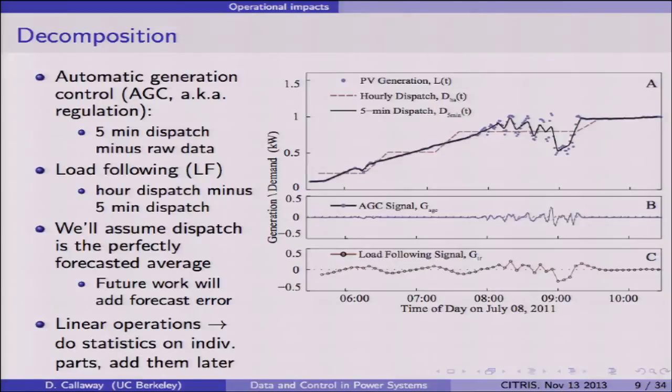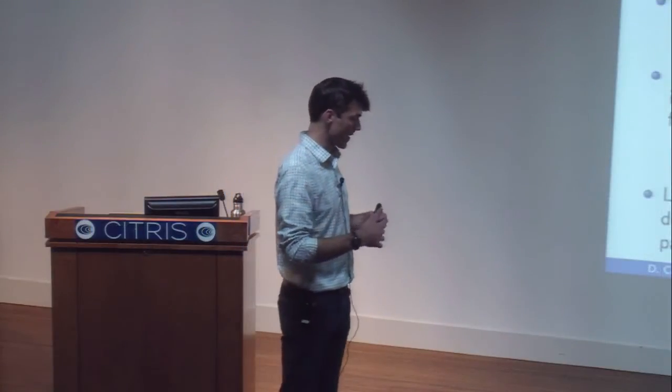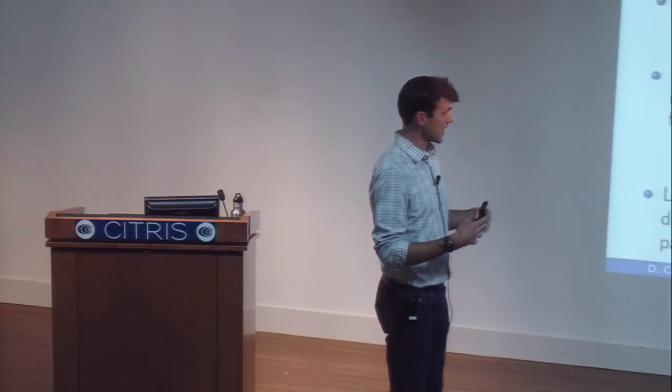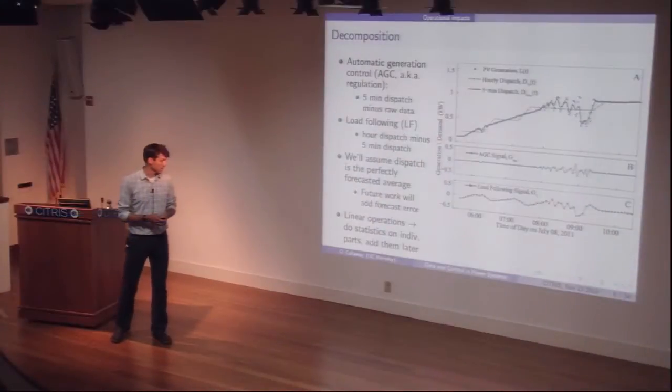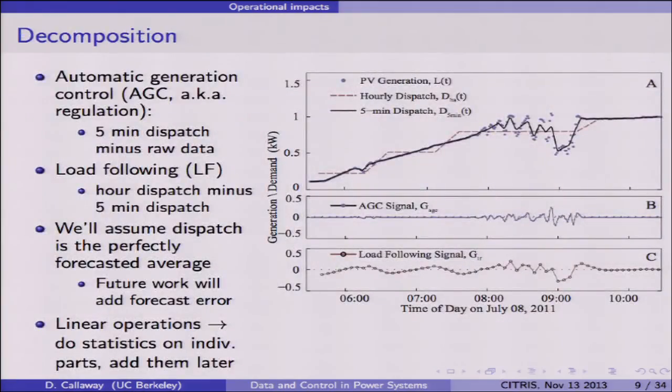But the reason that we did this is that we wanted first to get a sense of just the solar resource alone, how it contributes to system-wide variability. And a next step that I'll very briefly mention would be to build a forecast error model into our model. But as a first step, we didn't want to have to make any predictions about what those forecast error models would look like.